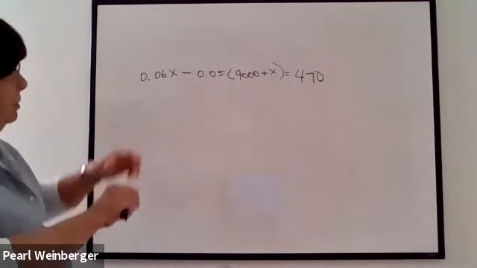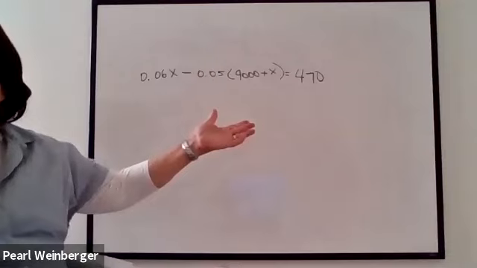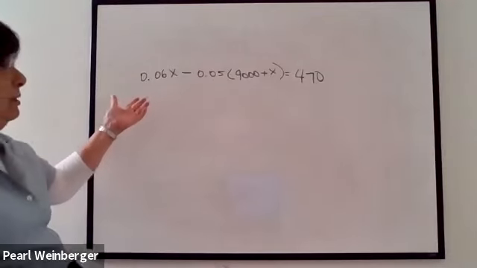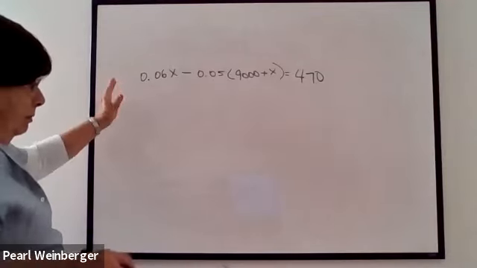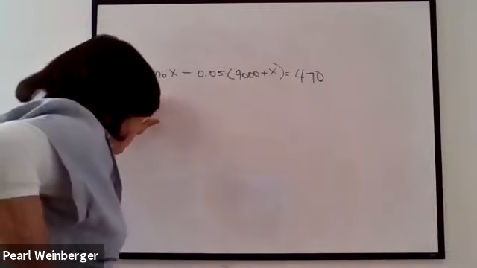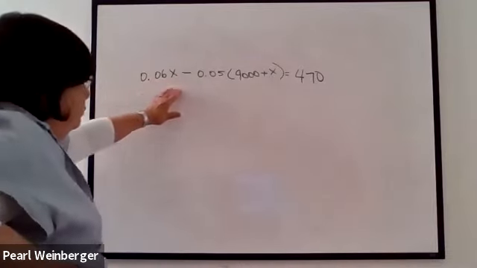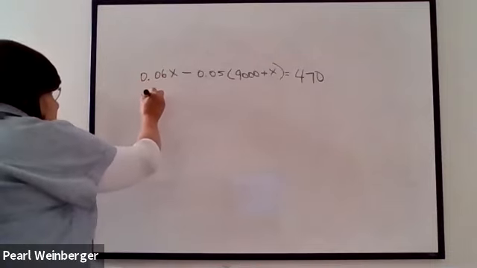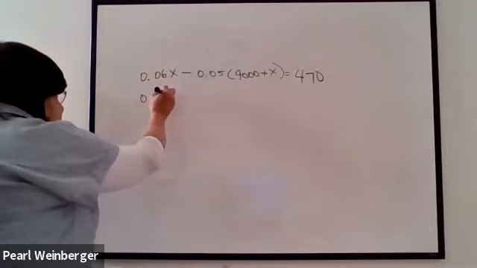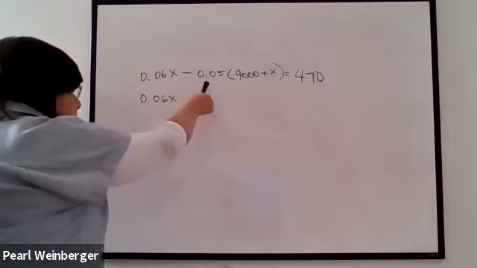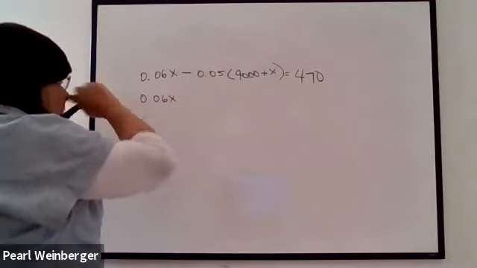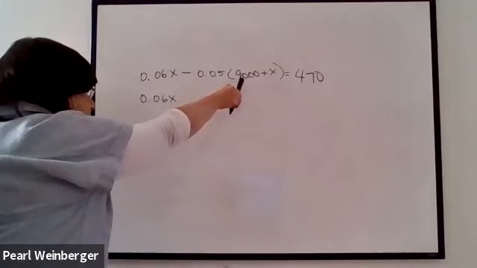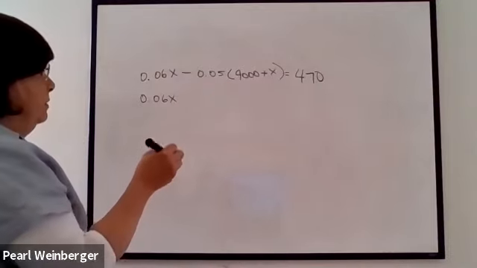But we're going to do this exactly the way we did the other one, using all the same concepts. We're first going to remove the parentheses. So this is going to be left with 0.06x. But this, I have to multiply the negative 0.05 by 9,000.